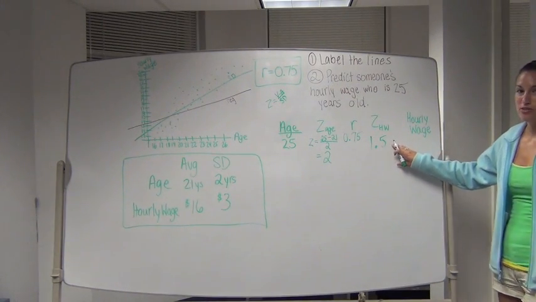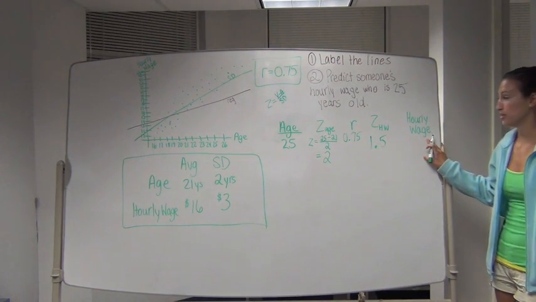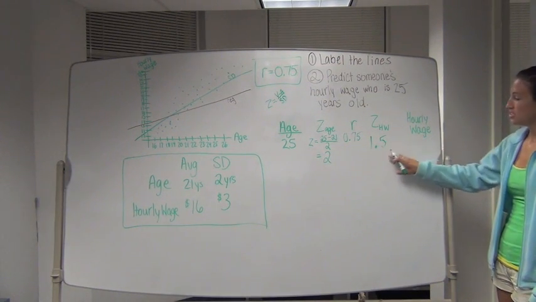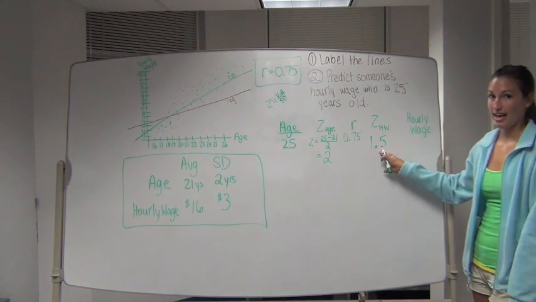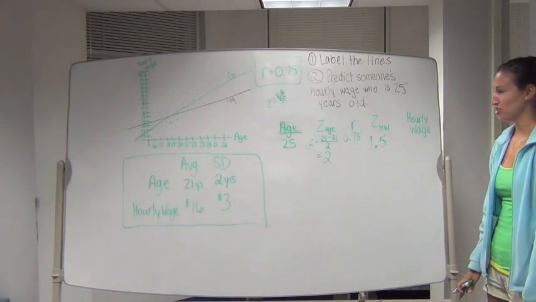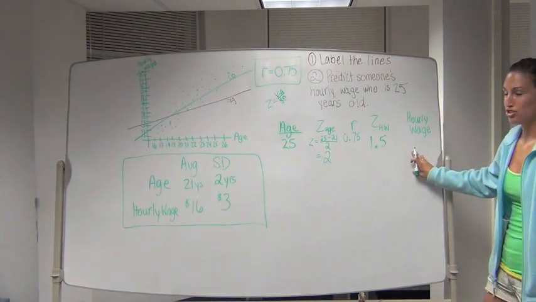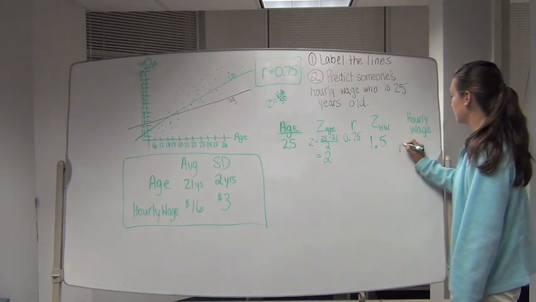So now we have our new z-score for hourly wage, and we want to get an actual value for hourly wage. So z-score, what does that mean? Our z-score means that we are, in this case, 1.5 standard deviations away from the average. So let's start out at the average for hourly wage. As we can see right here, that's 16.